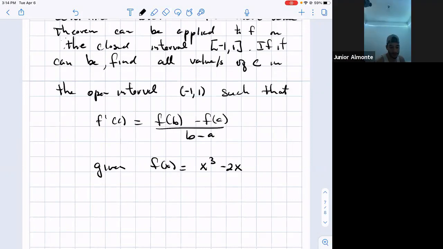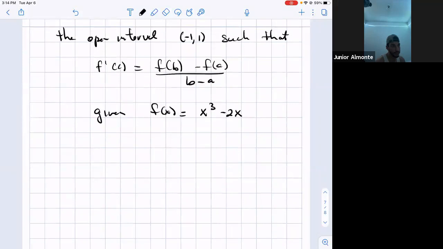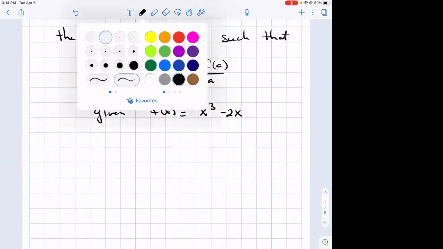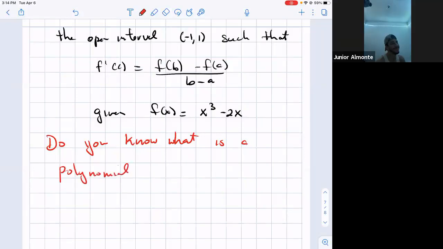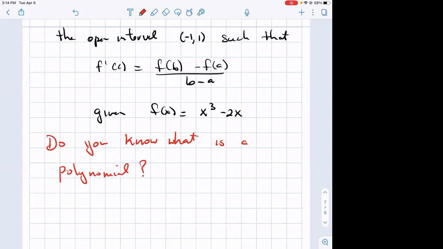The cubic. Everyone knows what a polynomial is? Yes.